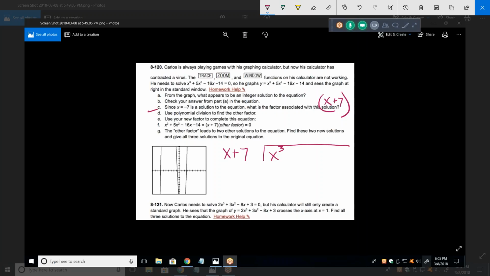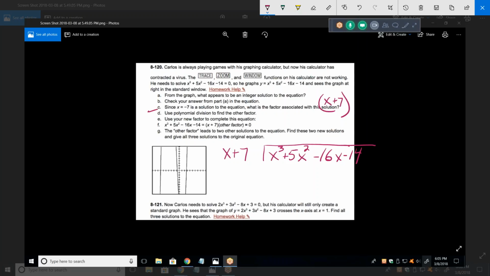And this is actually easier than it looks. And notice what we're going to get as an answer. We're going to get a quadratic, right? In other words, if you start with a cubic and you divide it by a linear, then you end up with a quadratic. Now, do you know how to do this division?